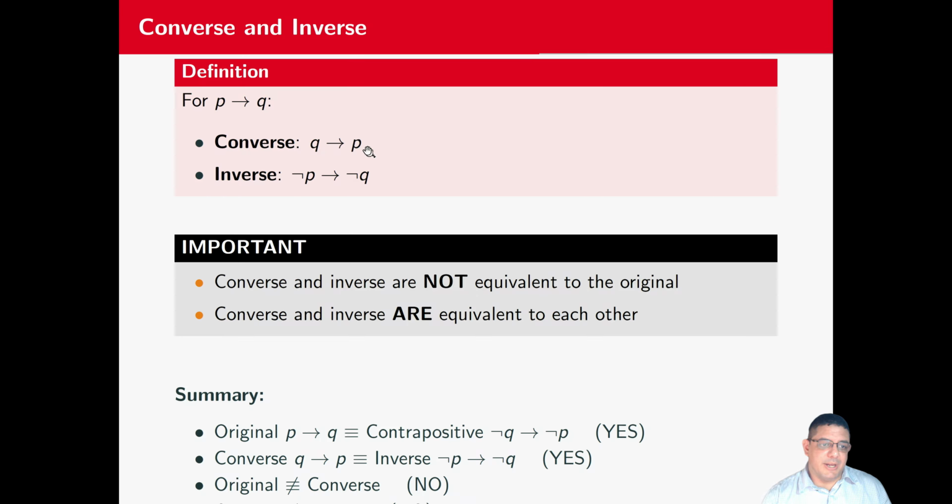If you think about it, the inverse is just the contrapositive of the converse. In summary, the original P implies Q is equivalent to the contrapositive, negation of Q implies negation of P. The converse, Q implies P, is equivalent to the inverse, negation of P implies negation of Q. The original is different from the converse, and the original is different from the inverse.